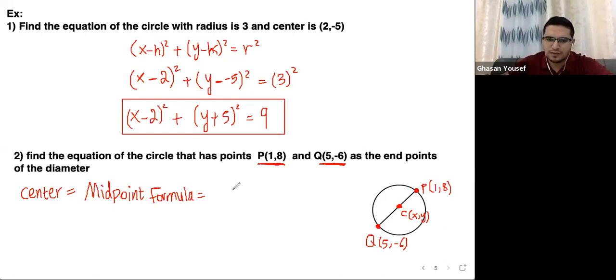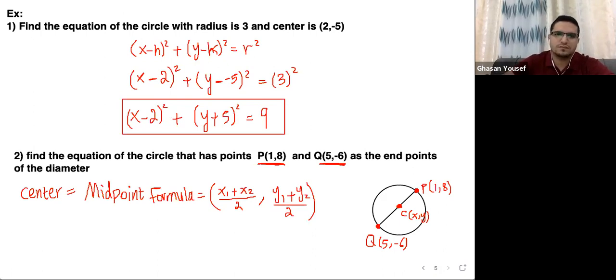So the midpoint formula says x1 plus x2 over 2, comma, y1 plus y2 over 2. Now, my x1 is 5 and my x2 is 1.